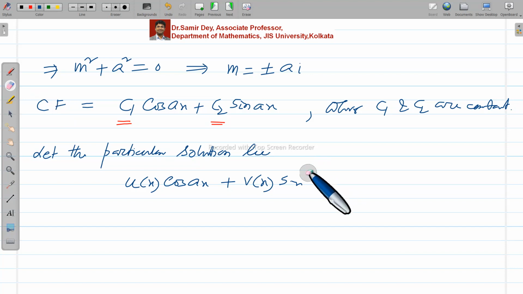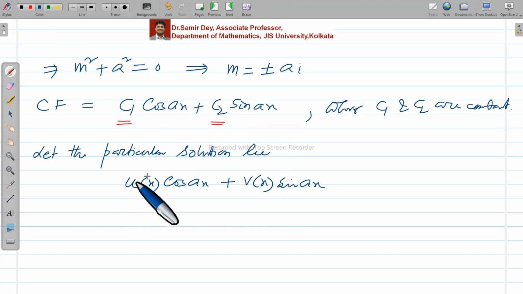Okay, now the interesting part is there. You can see all are the same, only I have replaced C1 by u(x) and C2 by v(x).